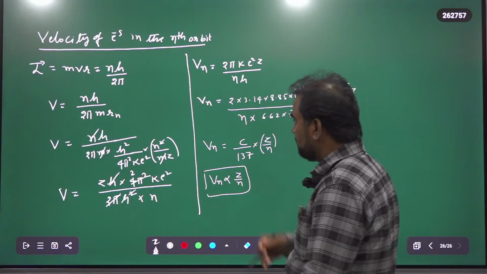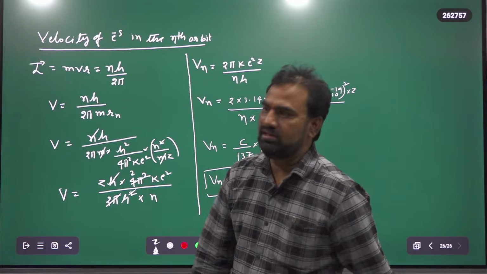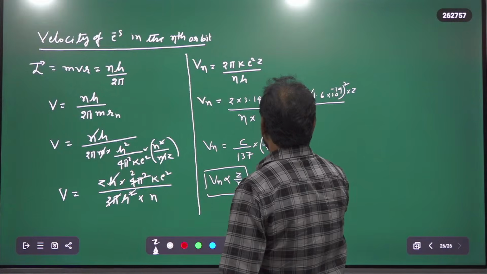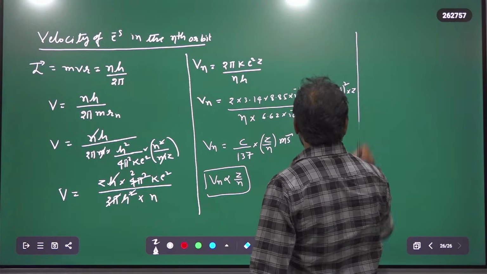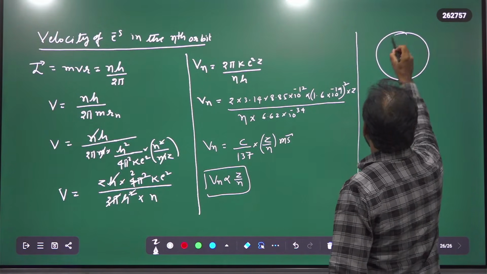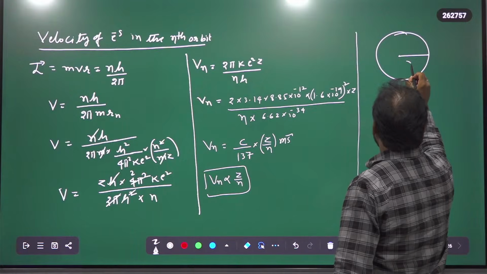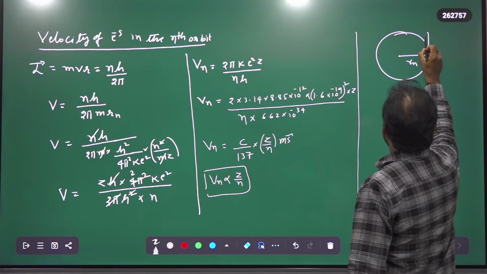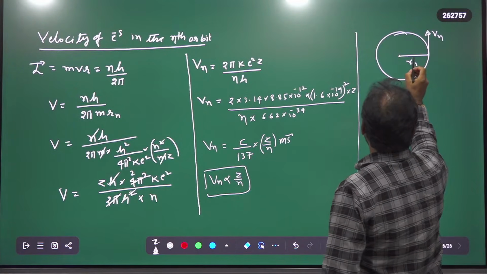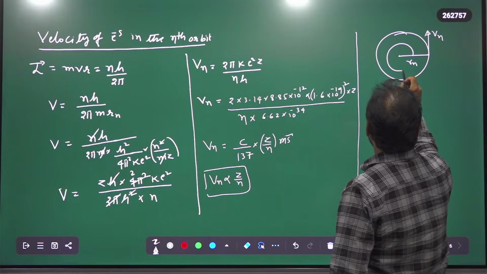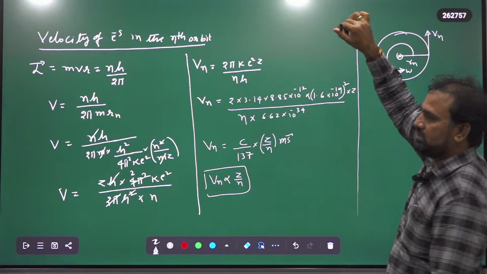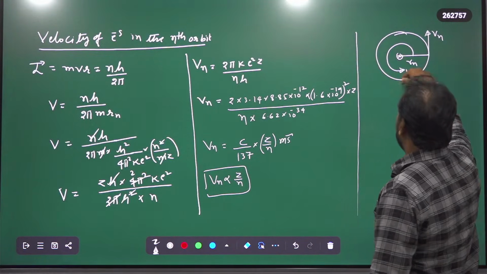Next, what is the angular velocity of an electron in the nth orbit? This is in meter per second only. When an electron is revolving in a circular orbit of radius Rn, moving with a velocity Vn and revolving with an angular velocity omega, with respect to this axis of rotation, the electron is revolving like this.